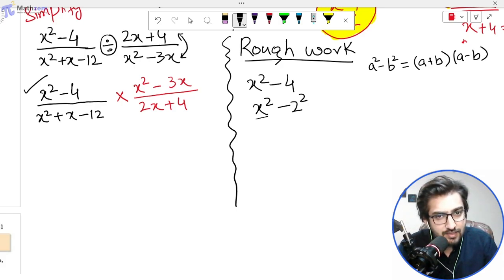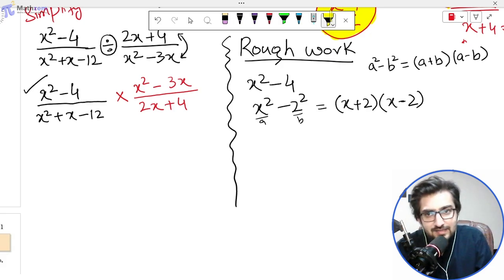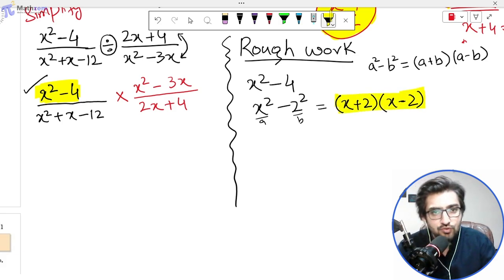So that is a, this one is b, so I will replace that by x plus 2 and x minus 2. So I need to replace that thing by this thing. Okay, we will do that at the end.